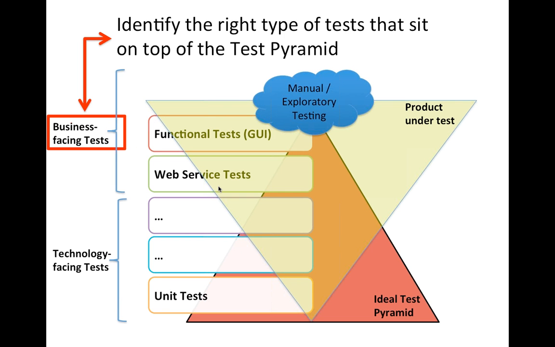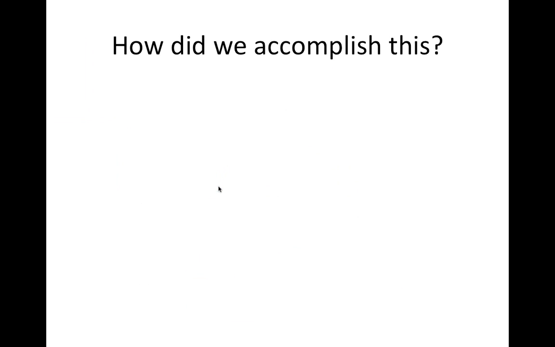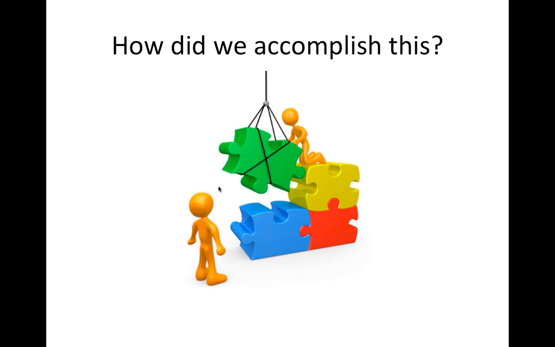Now, a quick recap. Our focus of this session is to identify the top layer of the pyramid, the business facing tests, and how these can become good regression test candidates for us. So, to achieve the problem that we stated, we had to fit all pieces of the puzzle together.